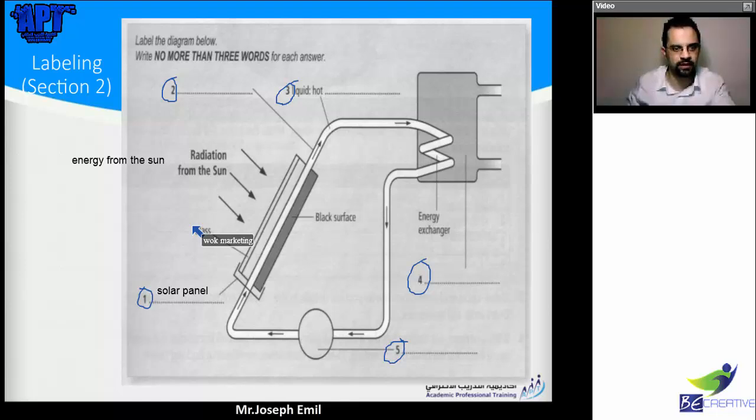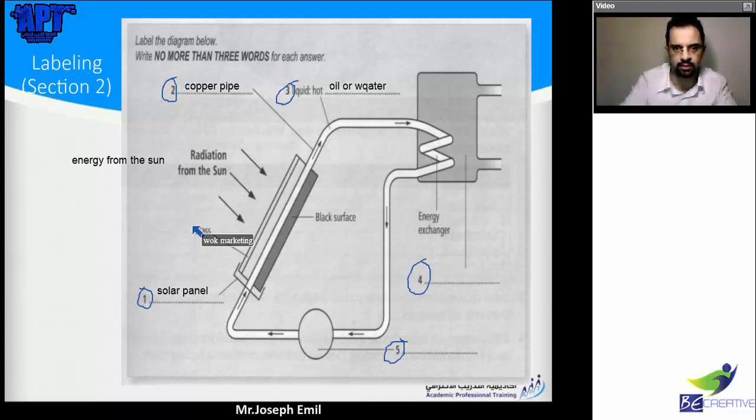What about number 2? Number 2 is a copper pipe. Make sure to spell the name of the elements correctly. Copper. Alright? That's 2 P's, not 3 P's. Of course, it's showing just one pipe, so use one pipe. Copper pipe. Liquid. Now, since no more than 3 words are to be used, some people could say hot oil, or water.